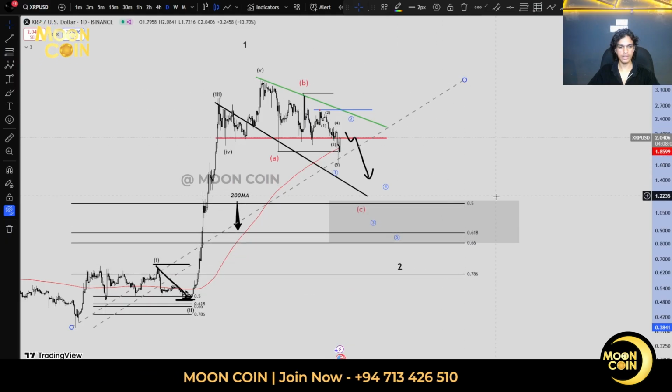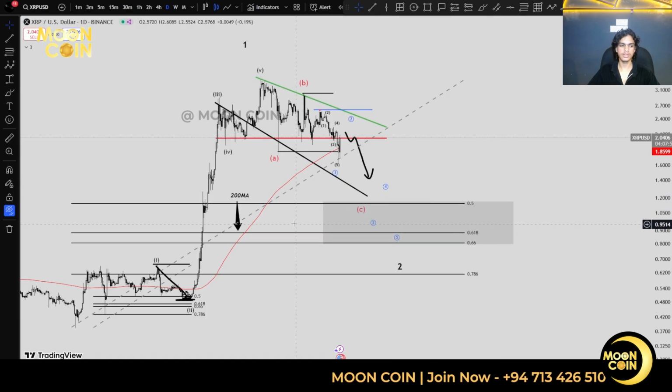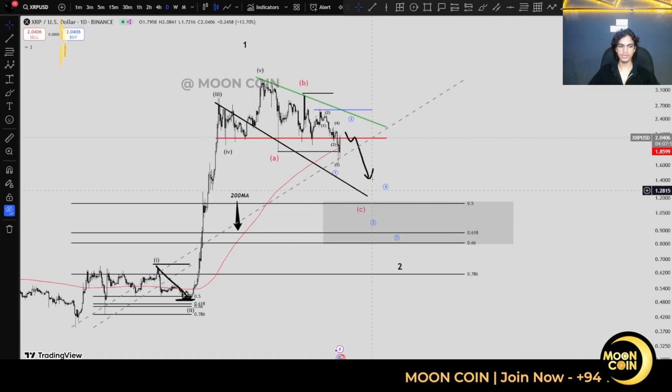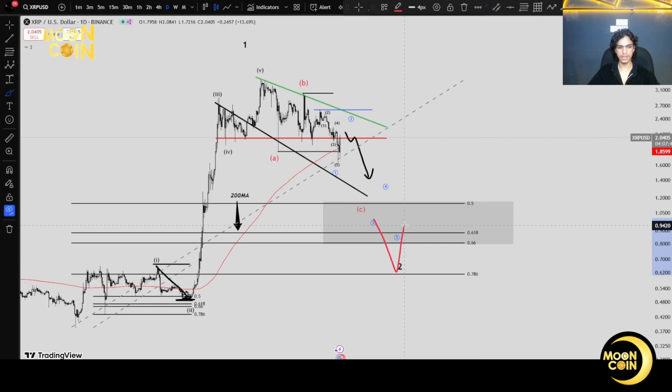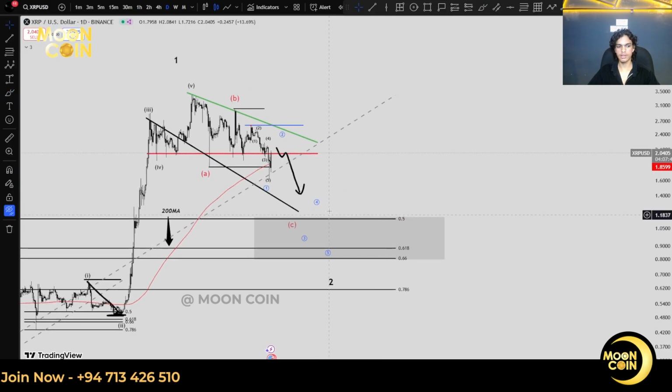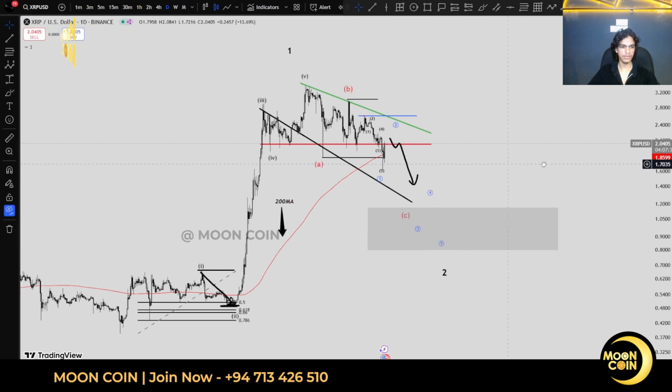I have drawn this zone for the 0.5 fib level and 0.6, so the price can bounce from these levels. If it goes extreme, it can come to these two levels, or else it can bounce from this 0.5 level. I'll undo that for now.